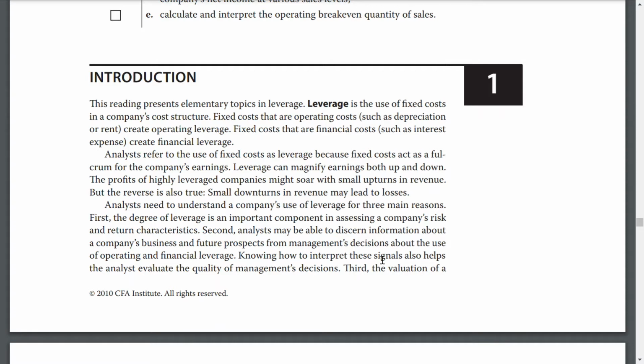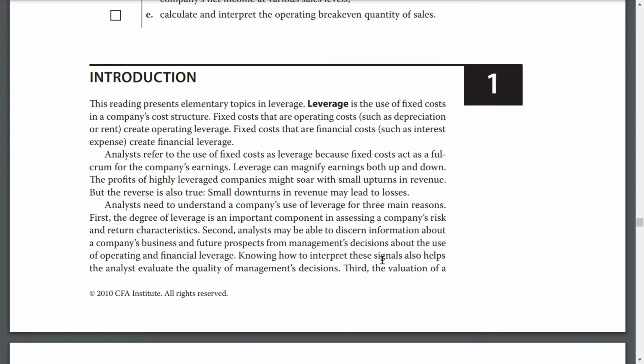Small downturns in revenue may lead to losses, and analysts need to understand a company's use of leverage for 3 main reasons. First, the degree of leverage is an important component of assessing a company's risk and return characteristics. Second, analysts may be able to discern information about a company's business and future prospects from a management decision about the use of operating and financial leverage.